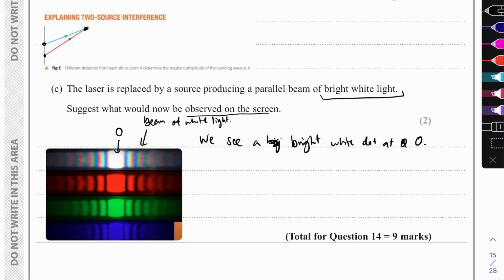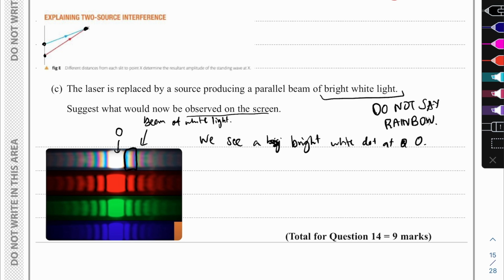And what do we see beside it? Don't say rainbow. They awarded marks for rainbow, but it was discouraged as it's still not that relevant. Because it was a poorly answered question, they gave marks. So what should we say? We should say, and on either side of it, we see the spectrum.